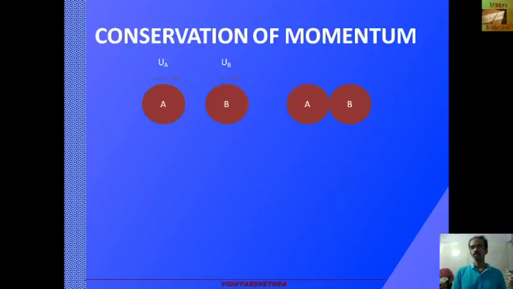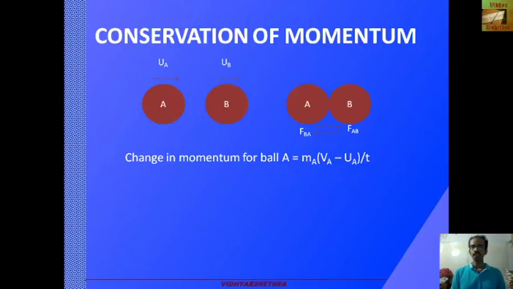When both these balls collide with each other, the ball A exerts a force FAB on B, and similarly B exerts a backward force FBA. So we can see the change in momentum of the ball. The initial momentum of the ball before collision was ma into ua, while after collision it was ma into va, where va is the final velocity.